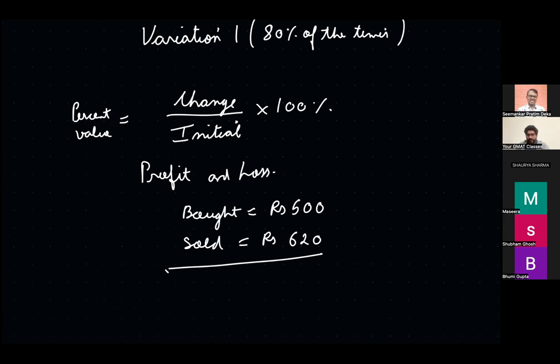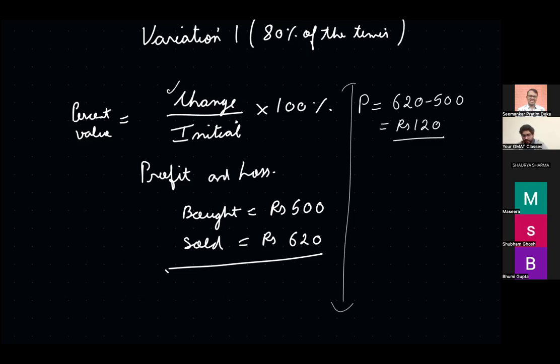So if I have to see my profit percentage, my profit will be how much? 620 minus 500, which is rupees 120. So this is what is change. So profit percent will be change, which is 120, upon initial.